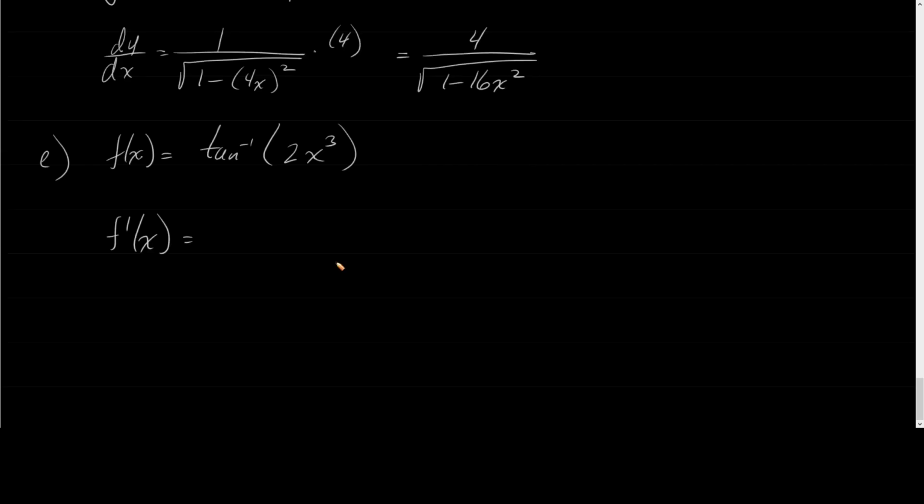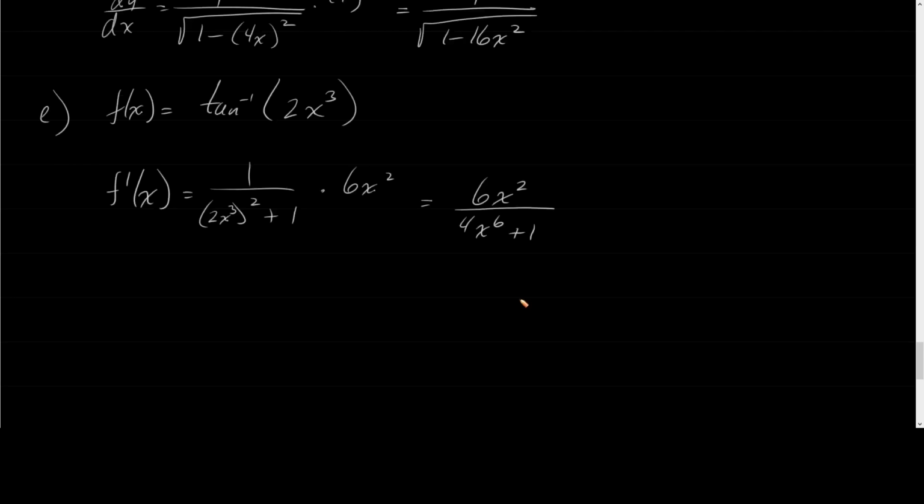Here, this is our u. So we have 1 over u squared plus 1, and our u was 2x cubed, times the derivative of the inside by chain rule, so times 6x squared. So this gives us 6x squared over 2 squared, that's 4, x cubed squared is x to the 6th, so 4x to the 6th plus 1. So that's E.